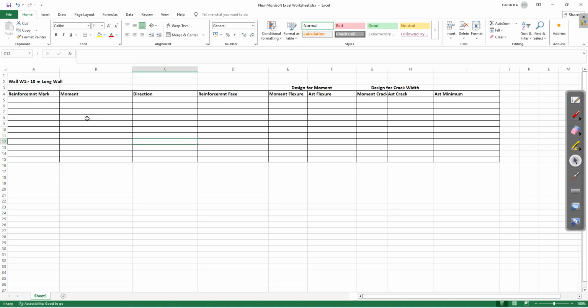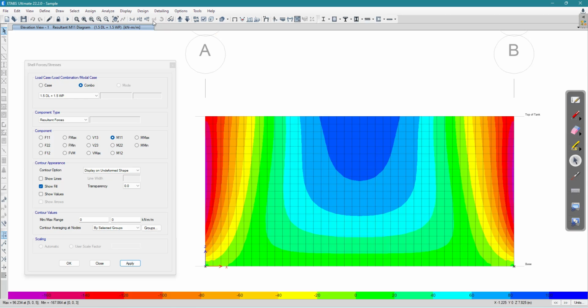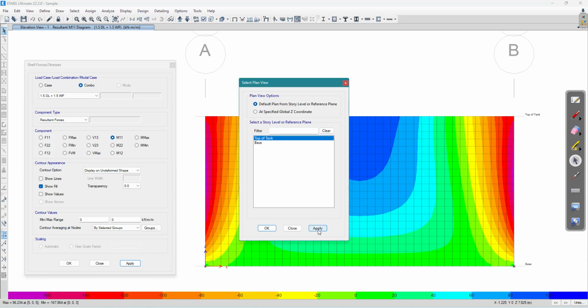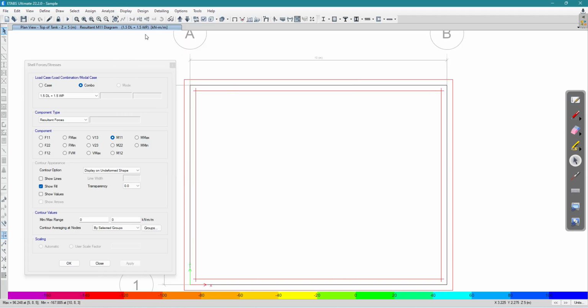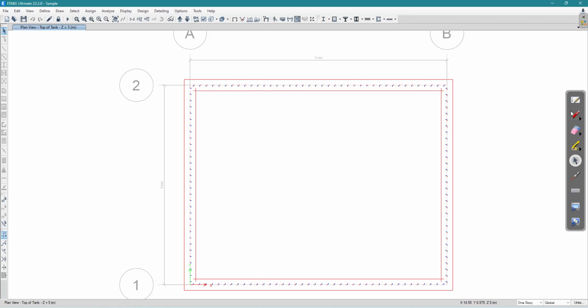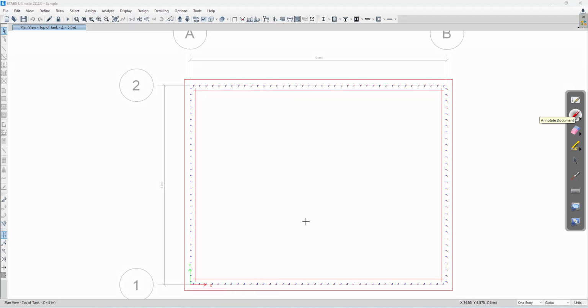Okay, so in ETABS, see here, you go to plan, level top of tank, you go to display undeformed shape. See here. So your long walls are wall W1. So these two are wall W1. So these short walls are wall W2.